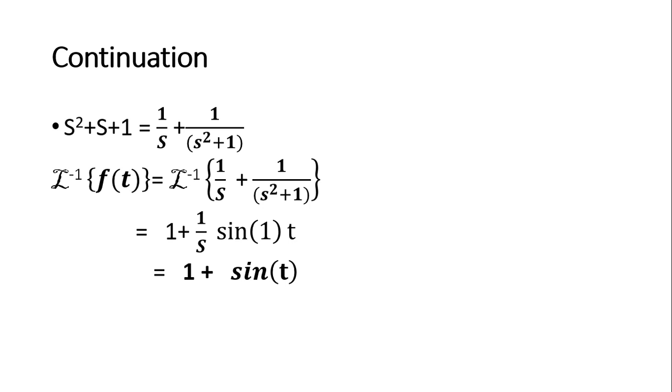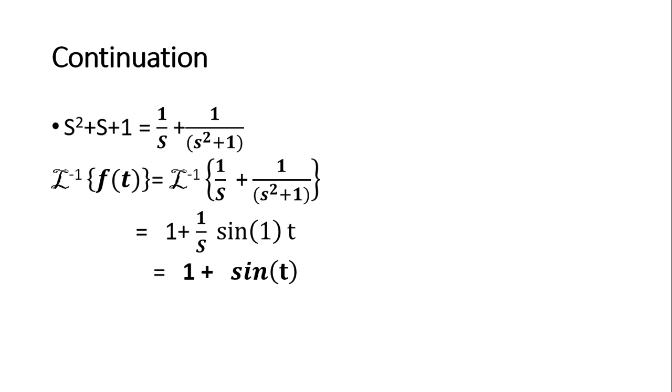Then plus, because plus is a sign that is joining them, the plus is 1 out of s squared plus 1. When you look at this, it looks like the Laplace inverse of a sine function. So in the table, it looks like beta out of s squared plus beta squared, or any other constant that you've used to study.